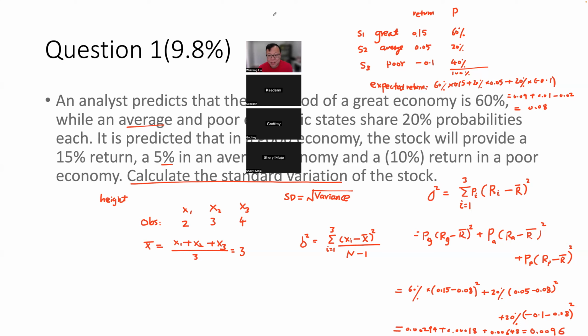So what I'm calculating is called variance, okay? So if you see this sigma square, this is called variance. So standard deviation is this guy. So you have to take the square root of this number. That's your standard deviation. Okay, so take the square root.